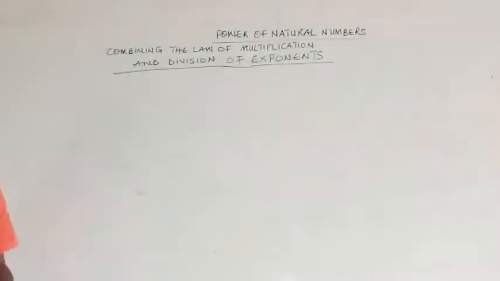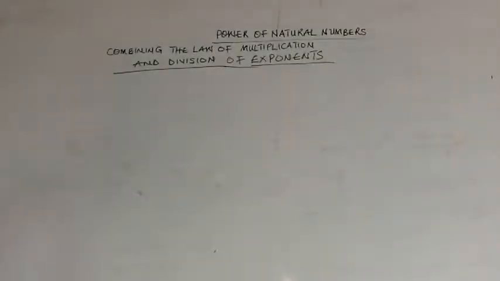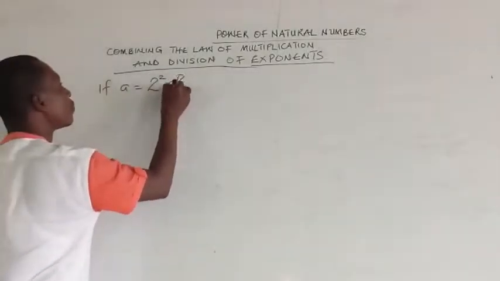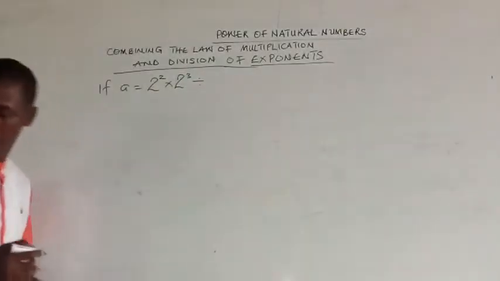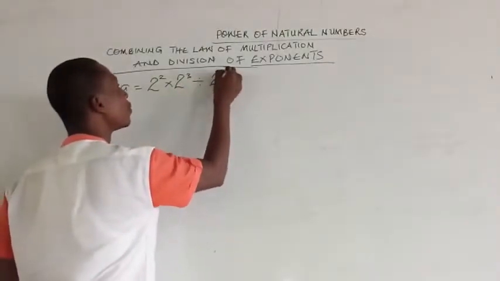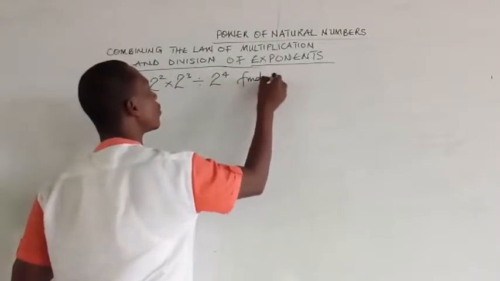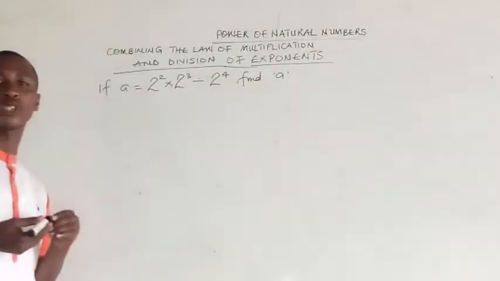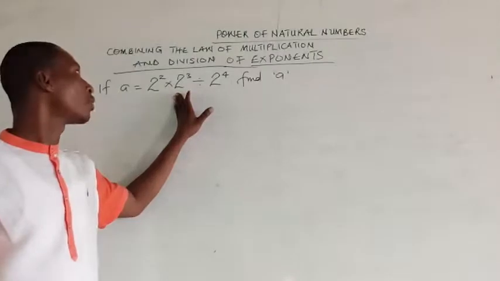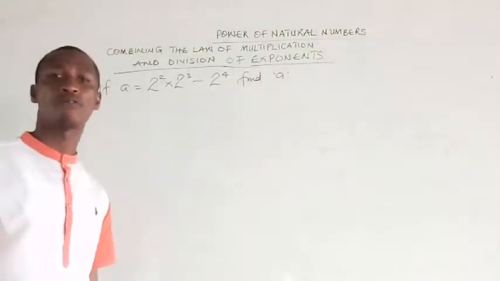Let's say an instance. We have a question like: if a equals 2 to the power 2 times 2 to the power 3 divided by 2 to the power 4, find a.